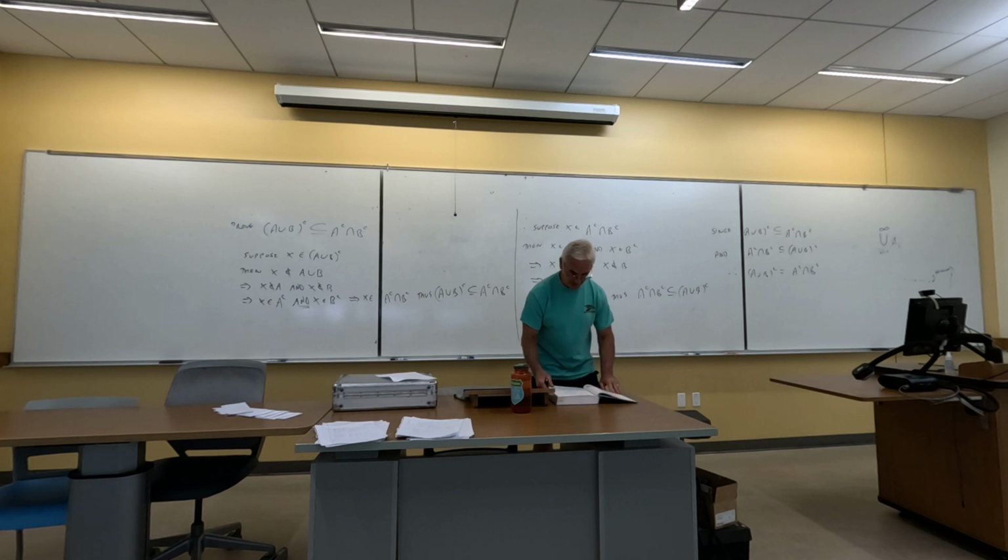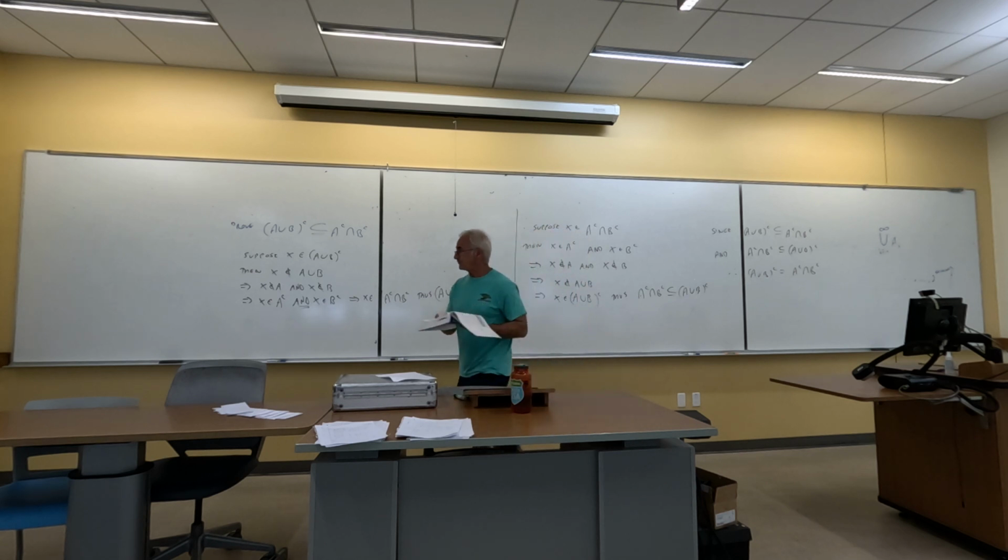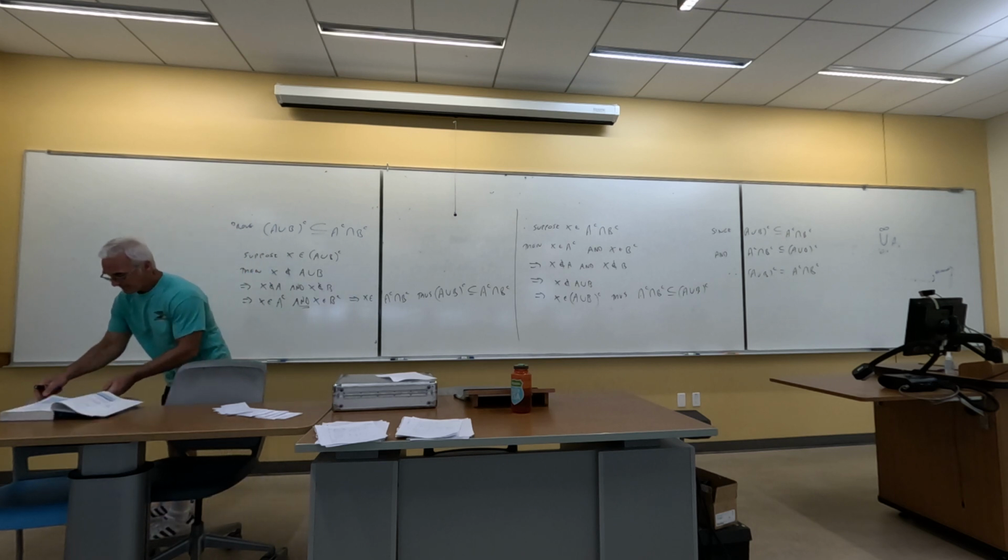We had P and Q statements. Now, imagine I replace the P and Q statements with A and B sets. How many of these do you think will still be true? Let me give you an example. Write down.